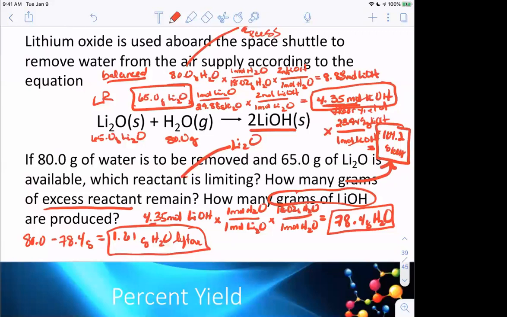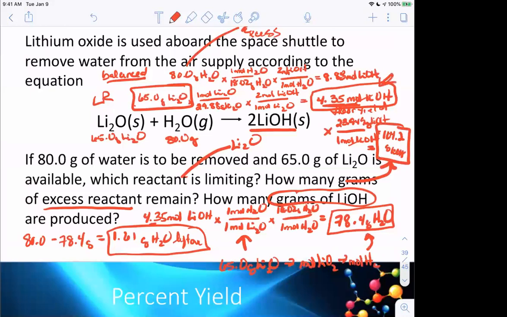In this part here, I could have started with my 65.0 grams of lithium oxide, gone to moles of lithium oxide, then to moles of water, and then to grams of water. I'd get the same answer. It really doesn't matter as long as you understand that once I calculate limiting, everything is based on that limiting reagent.